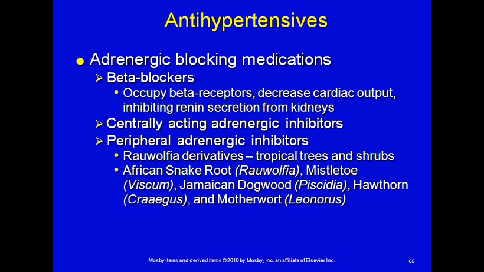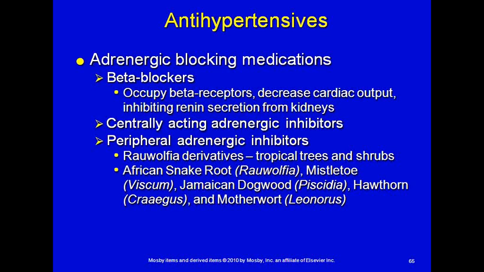There are some other drugs out there that help lower blood pressure, adrenergic blocking medications. Because they're adrenergic blocking, they block the effects of what happens when you stimulate the adrenergic nervous system or the sympathetic nervous system. And they include beta blockers.